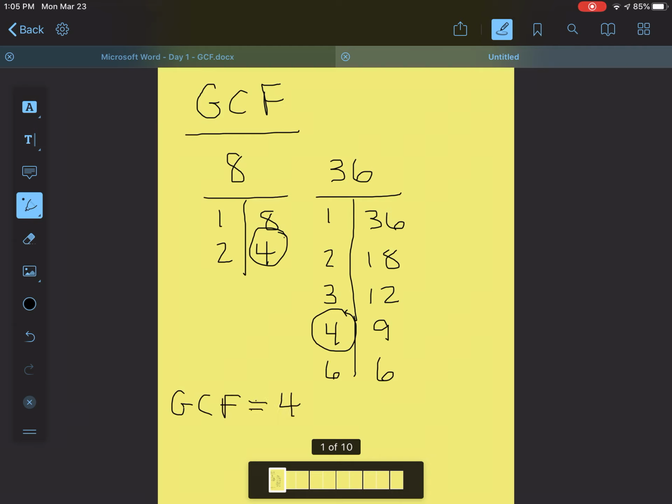Now, I sent everybody a link on Google Classroom to an online graphing calculator, and also to another online graphing calculator, which is through the TI company, what you use in school.